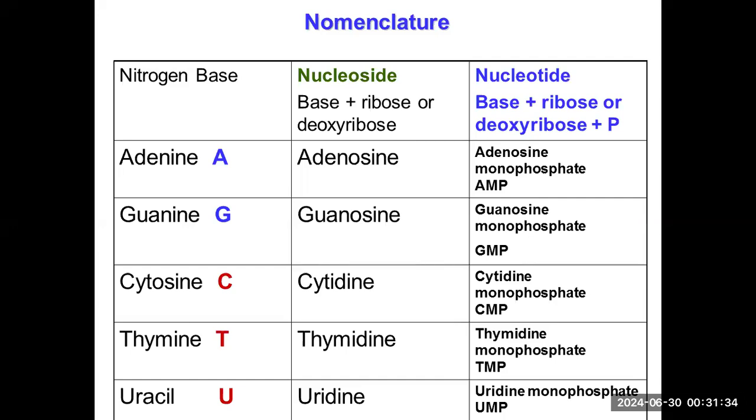As far as the nomenclature of nucleotides is concerned, look right here at the nitrogen bases adenine and guanine. When they are combined with the sugar, they make the nucleoside. The name of the nucleoside of purine bases ends with O-S-I-N-E.